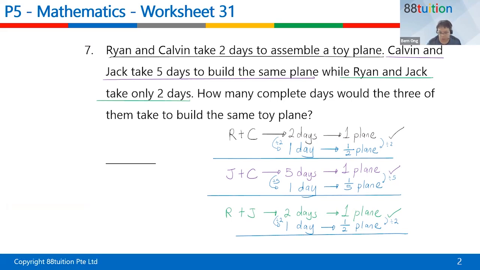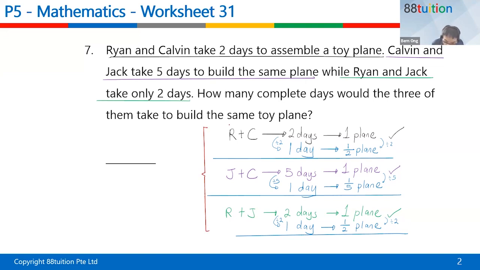Now, imagine Ryan, Kelvin, and Jack. I give them their evil twin. So there is the good twin and there's the evil twin. So just take it as I give them the evil twin. So for example, I combine all of them together down here. I get everybody to work together.